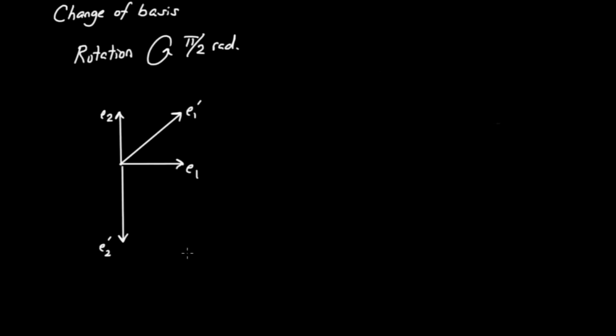So we have 2 bases here. We have the basis B consisting of the set E1, E2. But then we have a second basis, which I'm going to call B prime, which is going to be the set E1 prime, E2 prime.